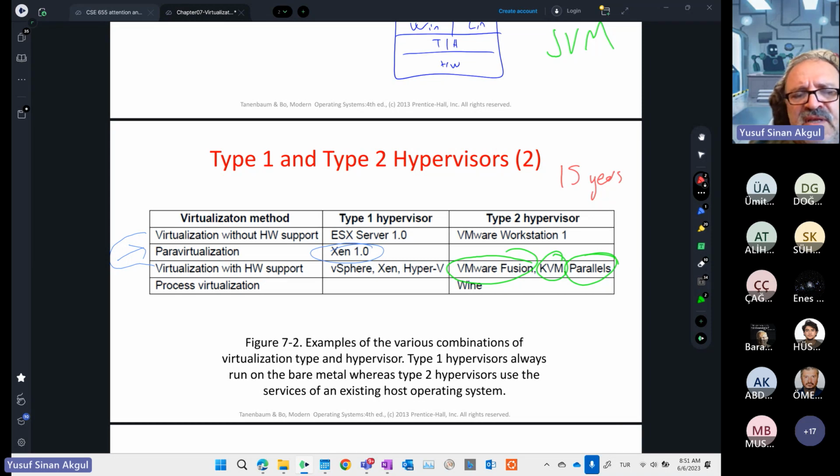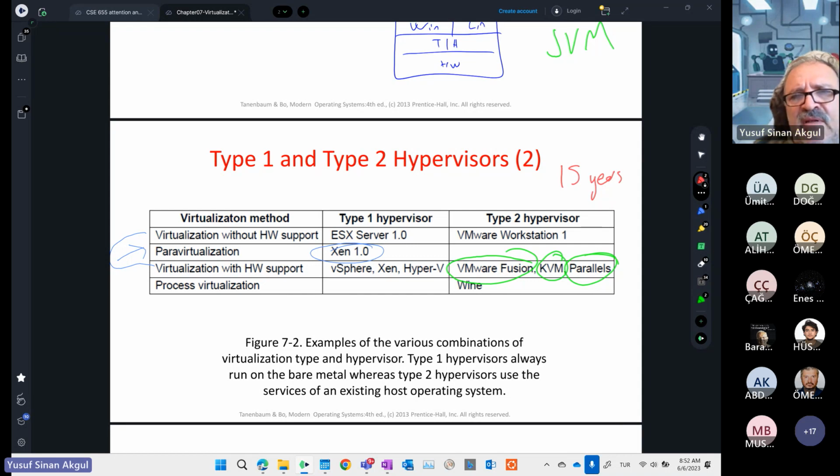Of course, virtualization is as old as the mainframes. In the 1960s, IBM had virtualized operating systems running. The theory, everything was set in the 1960s and 70s. But in the PC world, our PCs were so weak, CPU-wise and memory-wise, so insufficient, that we couldn't think of virtualization.